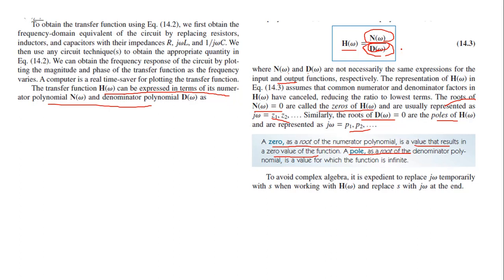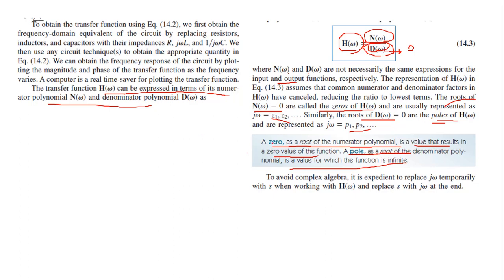Similarly, the denominator polynomial equated to 0 will give you the roots of that polynomial. So the roots of the denominator are the poles. Now substitute the value of poles. What happens? The denominator tends to become 0. If the denominator is 0, then H of omega becomes infinity. So a pole is a value for which the function is infinite. That is what is given here.